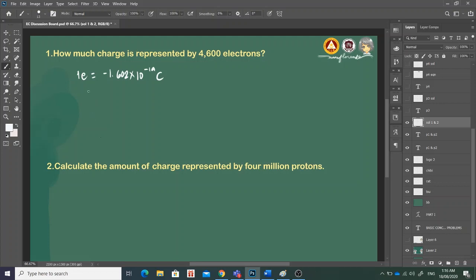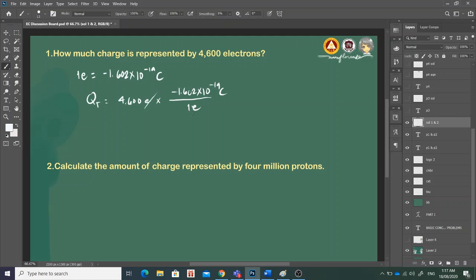amount of electrons. So Q, let's say Q total, is we have 4,600 electrons, okay, multiplied by negative 1.602 times 10 raised to negative 19 coulomb per 1 electron. Ayan.